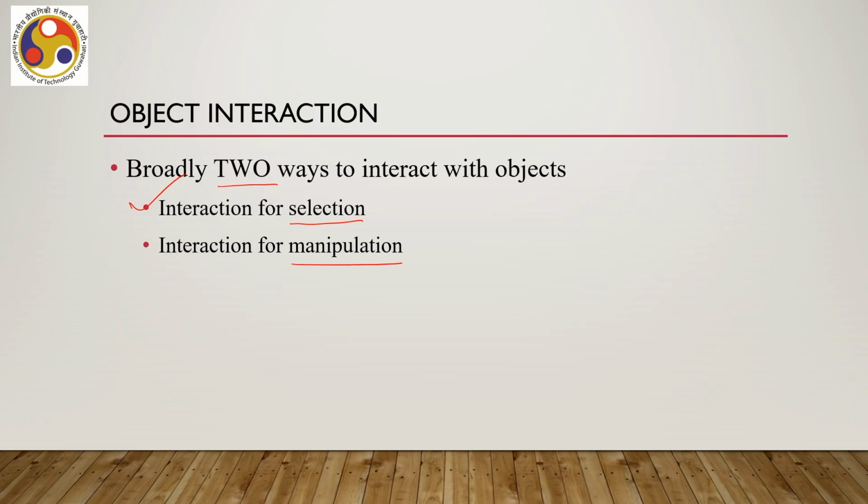So, once the selection is done, we interact with the object, which is typically called manipulation of the object, which changes the object properties. So, broadly these two types of interactions with objects are there in any virtual experience.